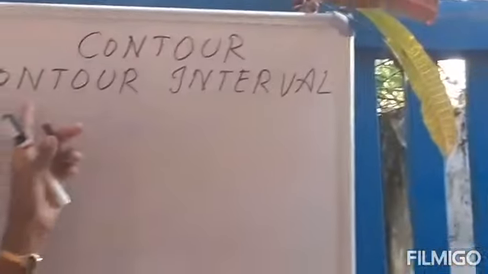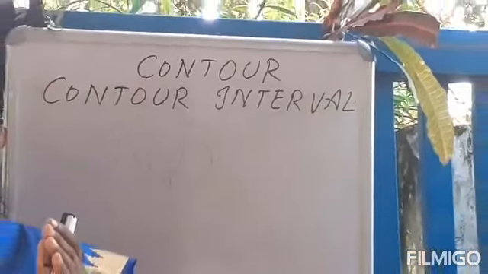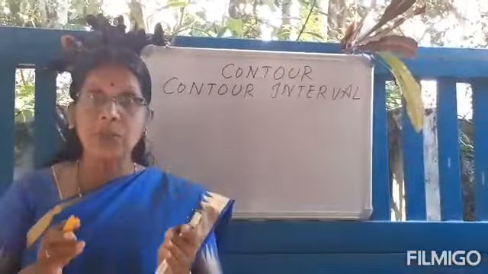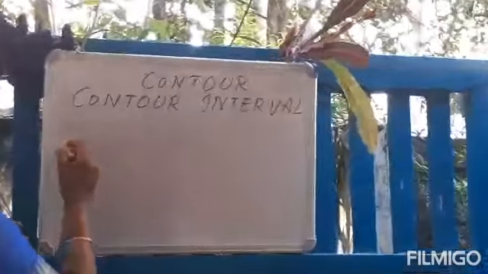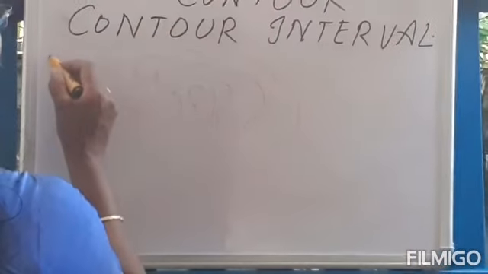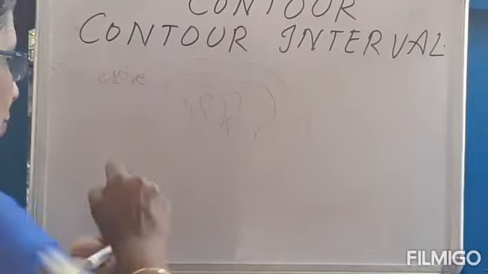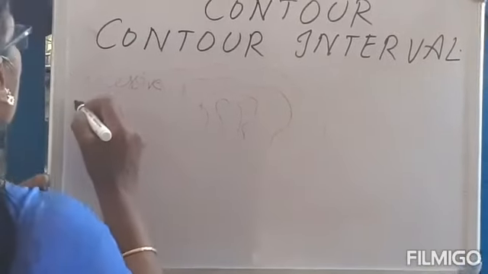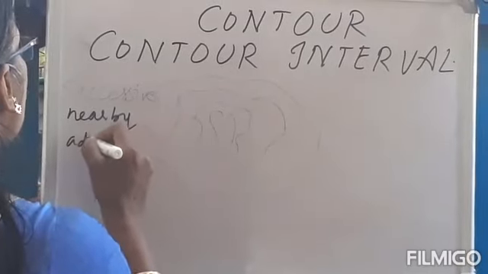Next we can see what is contour interval. The difference in height between two successive contours is called contour interval. Here you have to note down the word successive. Successive means nearby or adjacent.